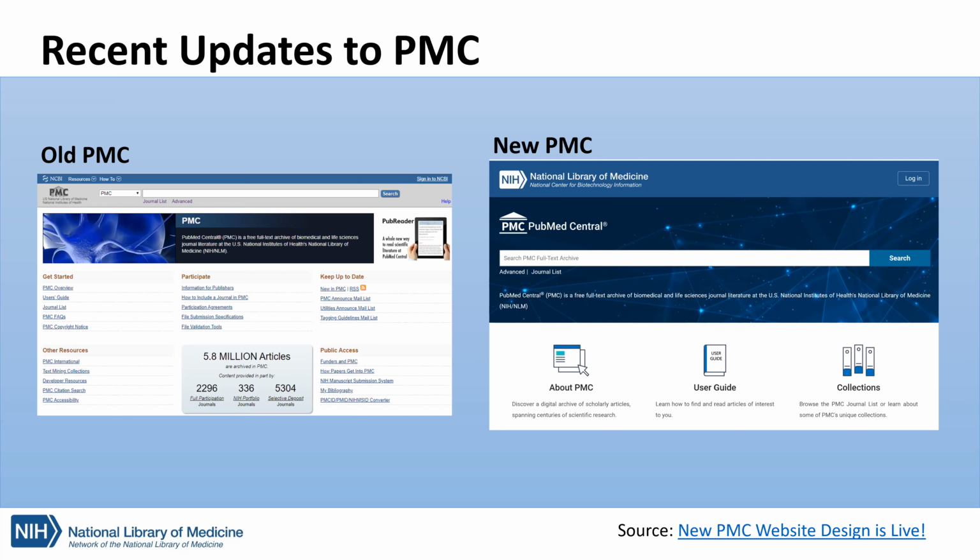This new interface is mobile friendly. Some other improvements that have been made are the help documentation was improved to make it easier to access and understand. The article display was also updated. It has a much cleaner look. And note that the URL that you use to access PubMed Central is the same, so there are no changes there.